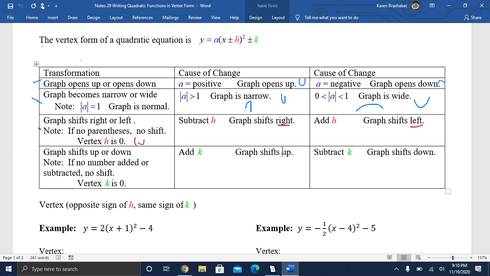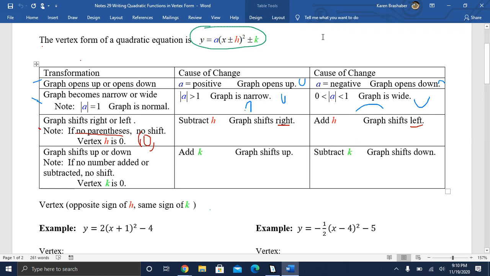So your vertex would be 0, something, whatever's going on with the y. So if there's no parentheses, then the first part of your vertex is 0. And then finally, you have k, and that would be at the end of the equation. So this is the equation we've been looking at. For k, if you add a number at the end, so this would be after your square term, the graph will shift up.